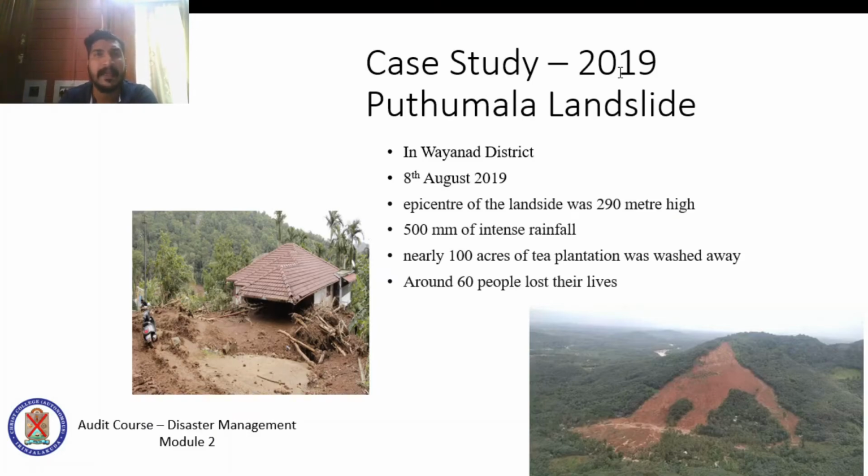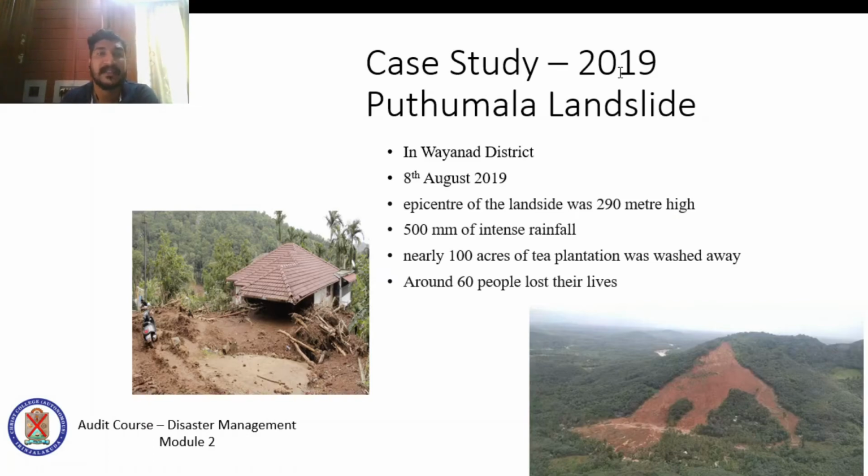Some of the major factors for the landslide in this region were, of course, the high rainfall intensity that results in soil disintegration. Then, to an extent, the deforestation, the shallow soil depth resulting in the water seeping into the cavities and soil piping, and the cardamom farming on the side of the mountain made the soil very loose.